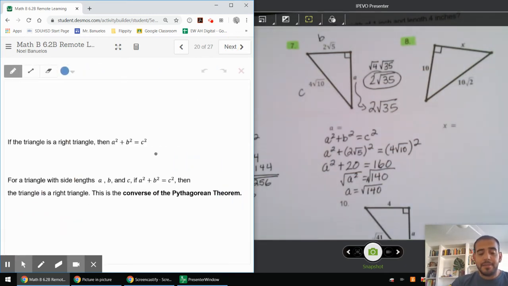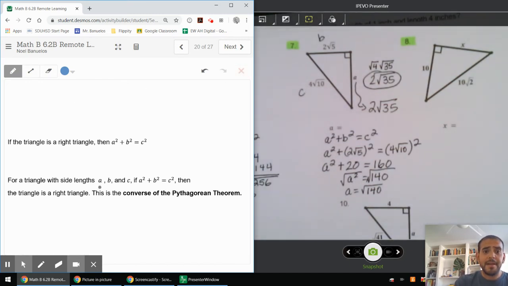So, a special property of a right triangle. If you have a right triangle, meaning a triangle with a right angle, then you have this property right here, the most famous property, a squared plus b squared equals c squared. But the opposite is also true, which is called the converse of the Pythagorean theorem.